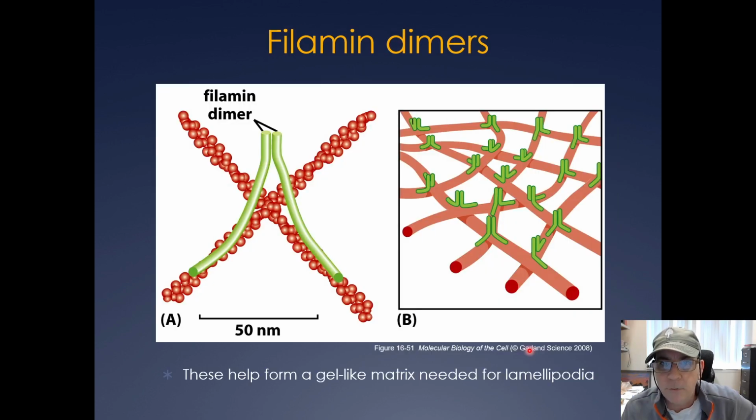And then lastly, you have the filamin dimers, which help cross-link the actin in the gel-like matrix, like the lamellipodia. Okay, so these will cross-link and cause the actins to form this gel-like matrix, which allow the cell to roll forward and push itself forward by the addition of the subunits on the plus end by the formins and profilin.